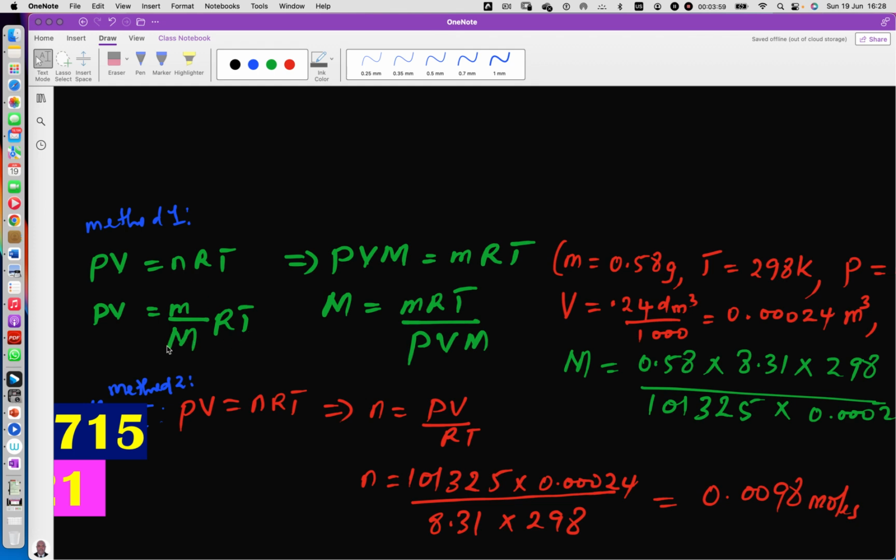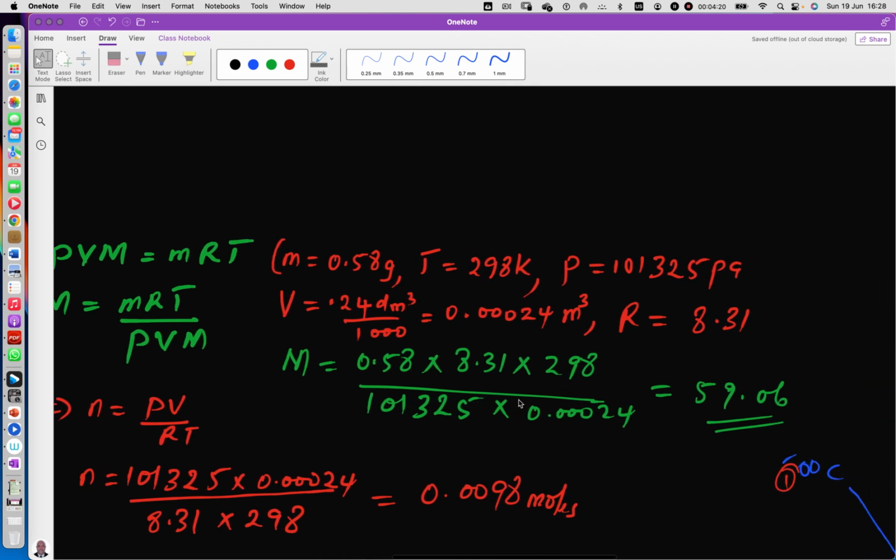We are making M the subject, which is the molar mass. The molar mass here will be mRT divided by PV, where P is pressure and V is volume.